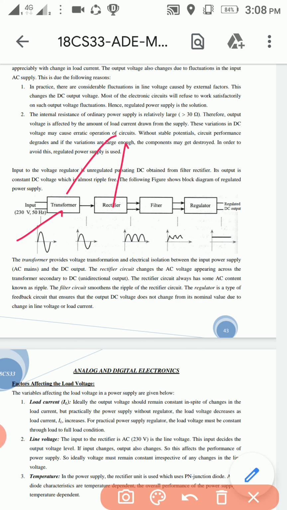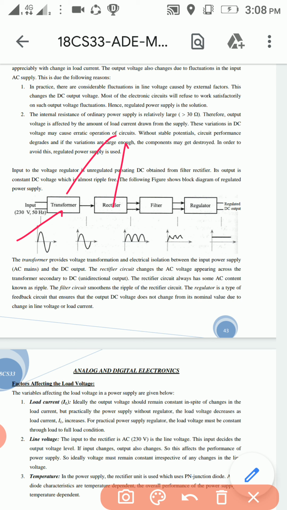The regulator is a type of feedback circuit that ensures the output DC voltage does not change from its nominal value due to the change in the line voltage or the load current. This is about regulators and the factors affecting the load voltage: the load current IL, the line voltage, and temperature.